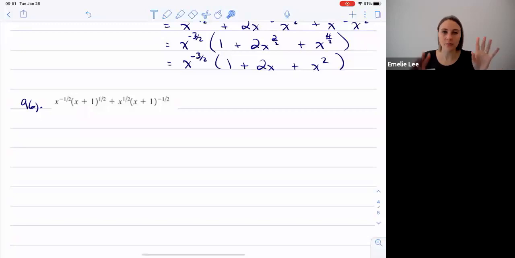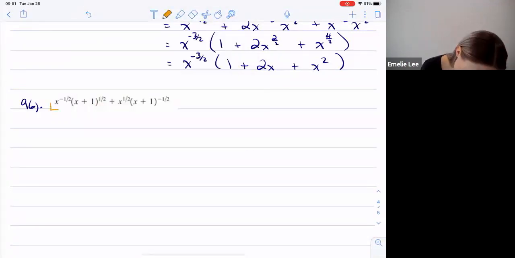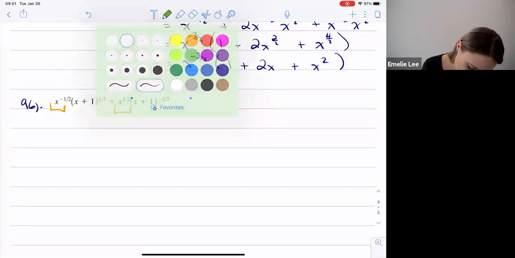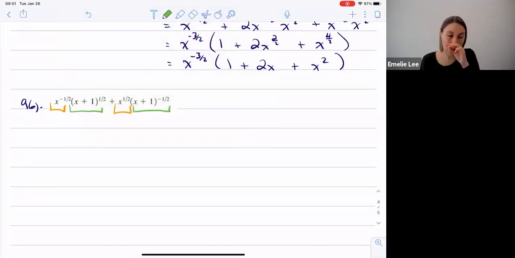So now I'm going to have to work with both the x's and the x plus 1's. And again, I'm only able to extract the smallest power of x and x plus 1. So just to highlight here, I've got x and x, and then I've got x plus 1 terms and x plus 1 terms. Okay, so we'll be able to extract the lowest power of each of these, right? So the lowest power of x is -1/2, right?